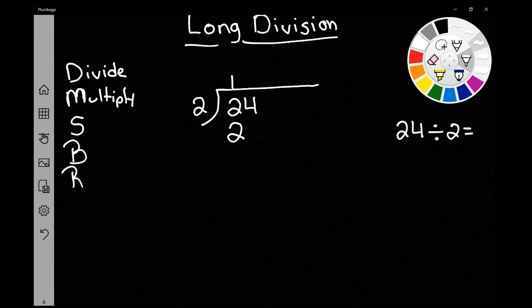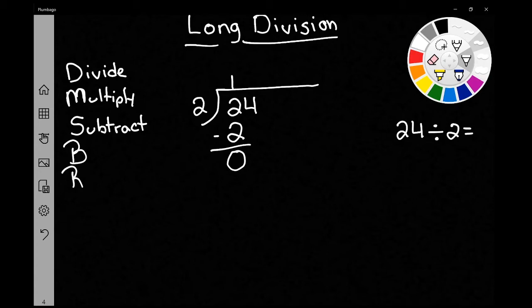Now my third step is going to be to subtract. So I'm going to subtract these 2 digits, okay? So I'm going to go 2 take away 2, which in this case, super easy, is 0.